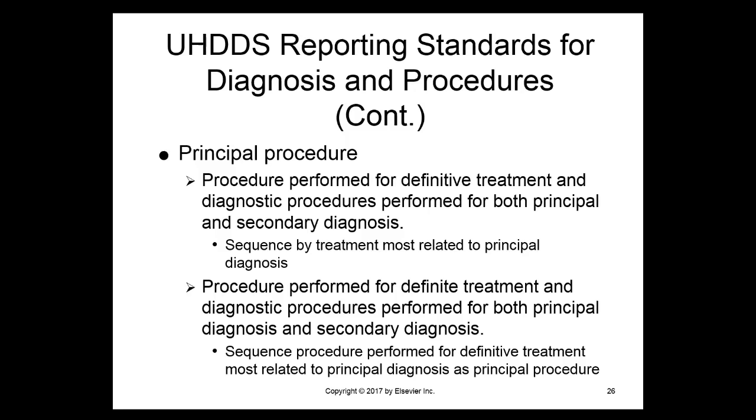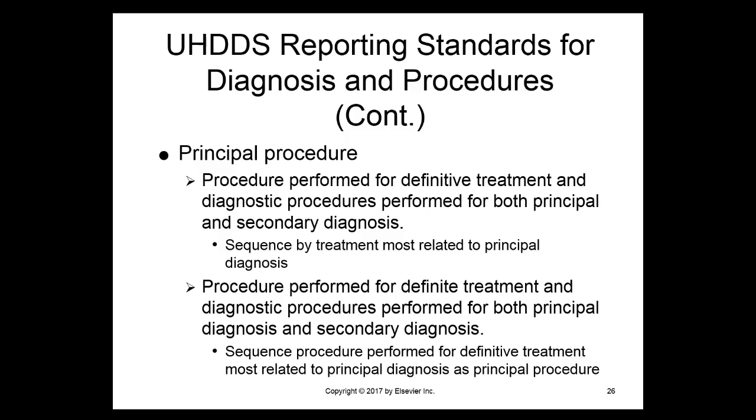So in number 4, it tells us that no procedures were performed that are related to the principal diagnosis, but a procedure was performed for definitive treatment, and a diagnostic procedure was performed for a secondary diagnosis. So we would sequence the procedure for the definitive treatment of a secondary diagnosis as a principal procedure.